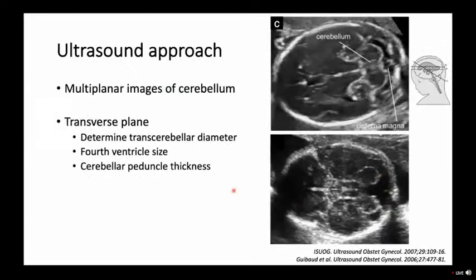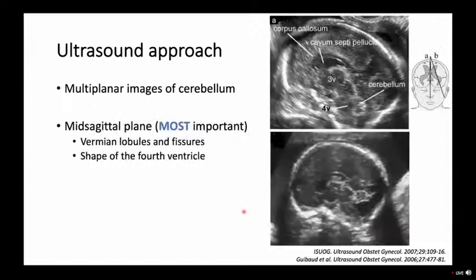We want to look at all the planes, okay? We want to use that transcerebellar coronal plane to look, is there a vermis or is there not? Make sure you get some good suspicions using multiple different planes. Look mid-sagittally. Does the cerebellum look nice and situated in the posterior fossa?